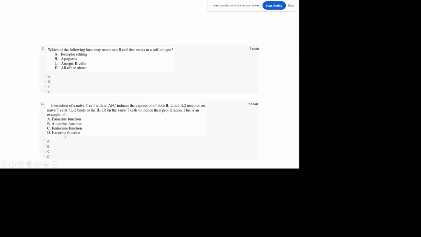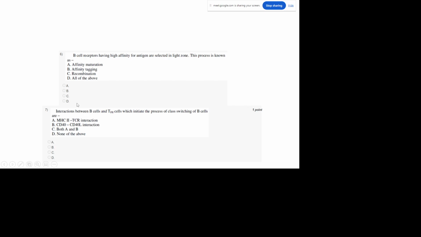This is an example of autocrine reaction, because the IL-2 is secreted by the helper T cell and binds to the IL-2R of the same T cell. So the T cell is secreting a signal which binds to the receptor of the same T cell. That is an example of autocrine function. So the answer is autocrine.